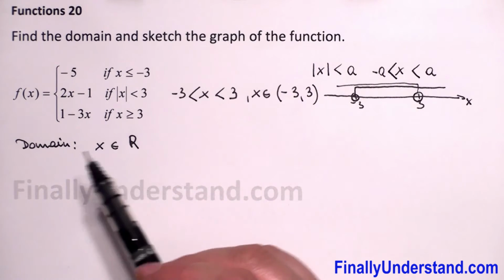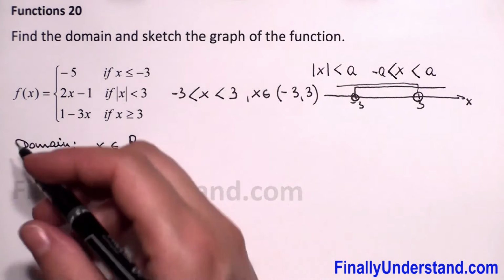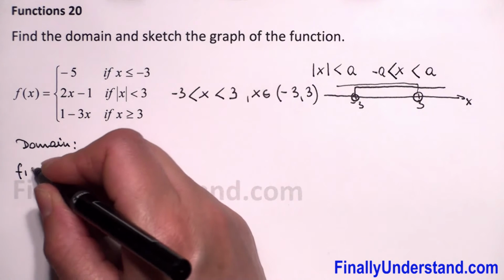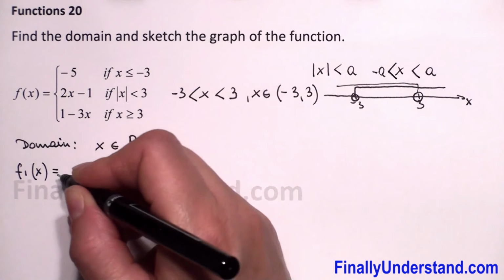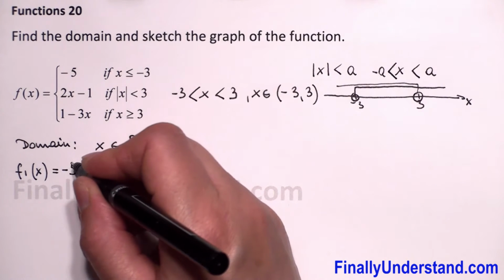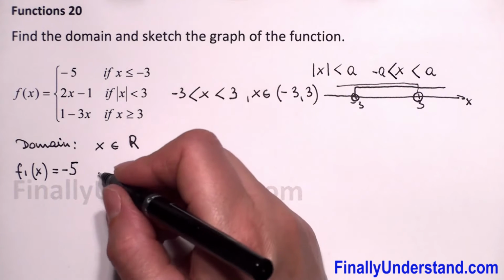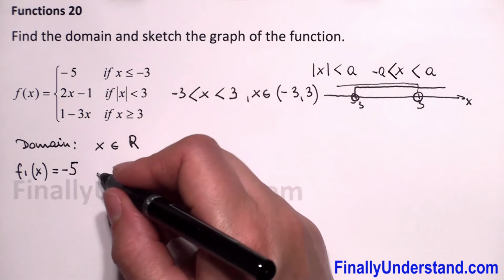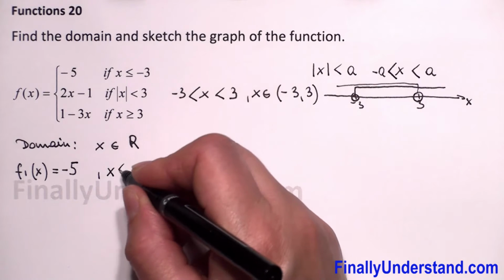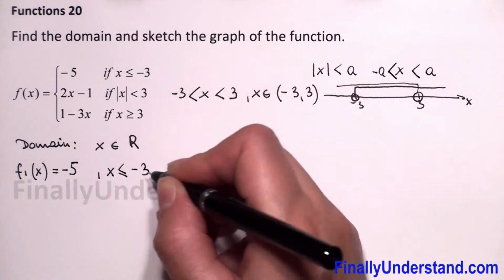Now I will divide our function f to three functions. f1 of x will be equals -5, and I will draw this function for x less than or equals -3.